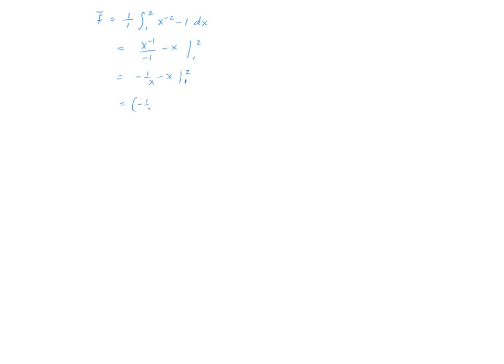I have negative 1/2 minus 2 minus negative 1 minus 1, which turns into negative 5/2 plus 2. So the average value of this function from 1 to 2 is negative 1/2.